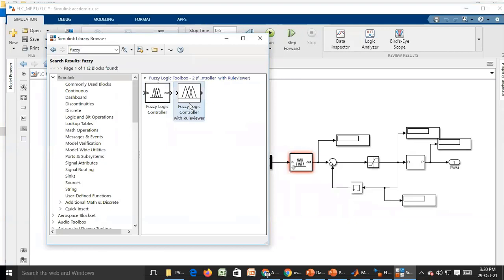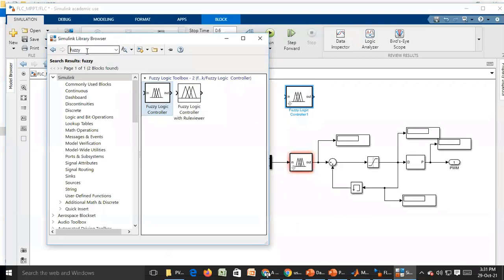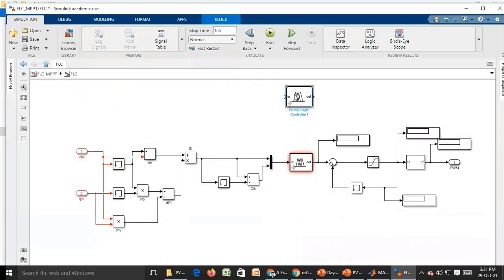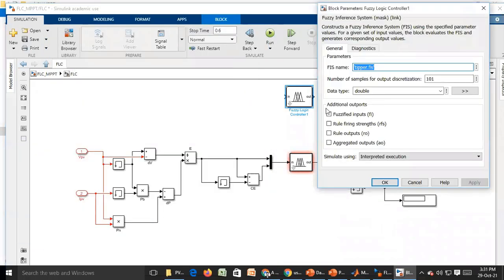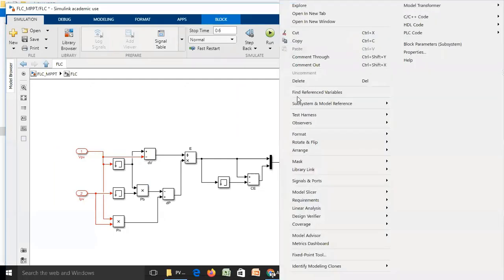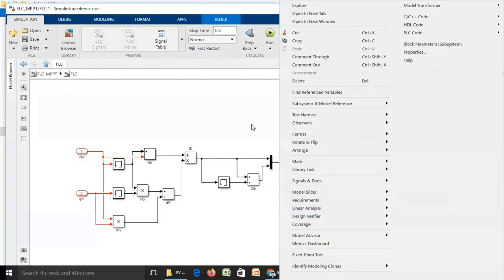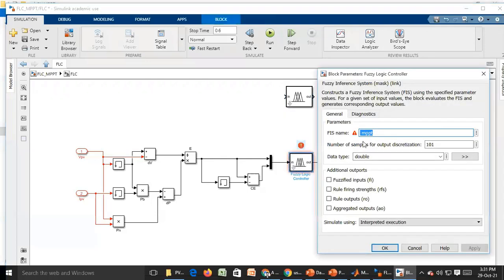This fuzzy logic controller can be taken. In the library block, type fuzzy. This block is there. Now here, if you open it, the library look under mask will be there. So here our FIS needs to be designed.